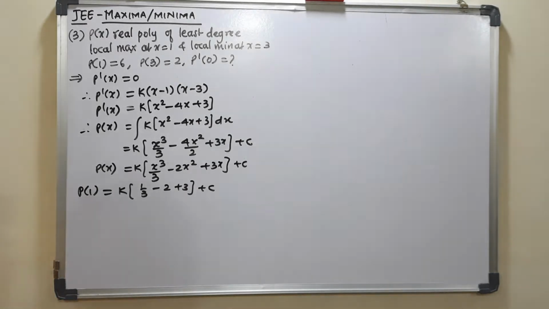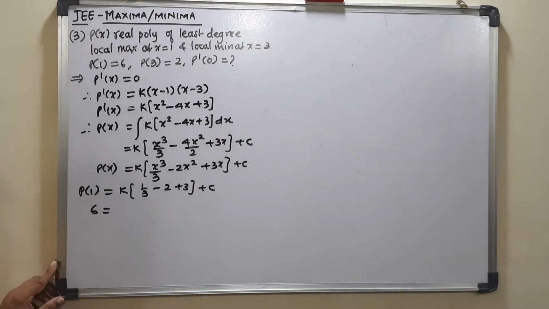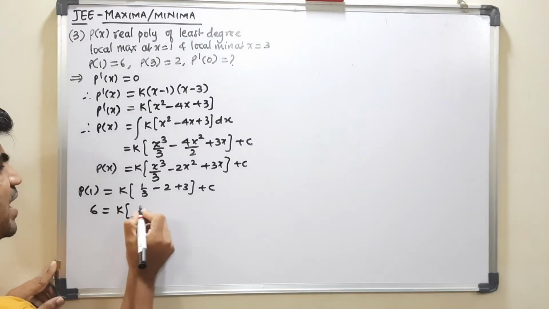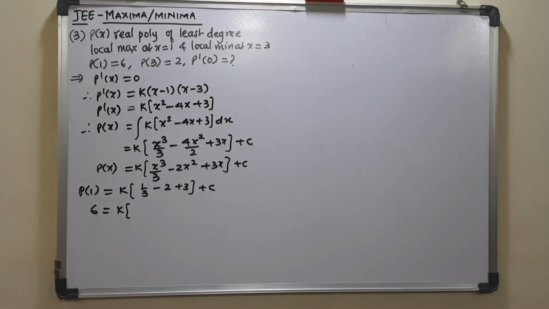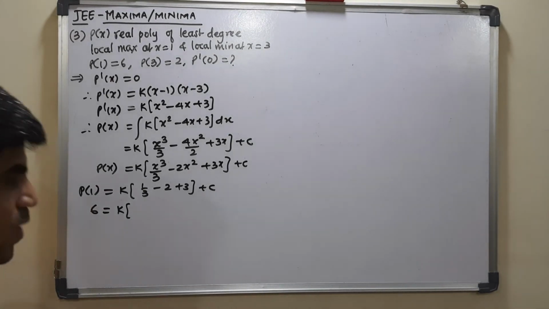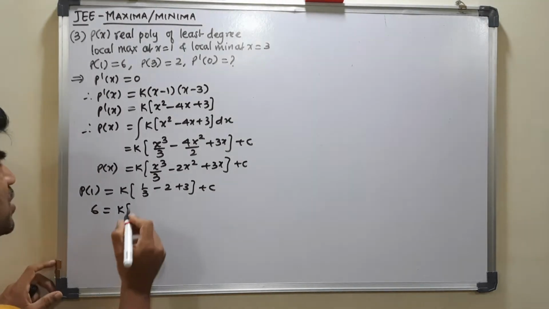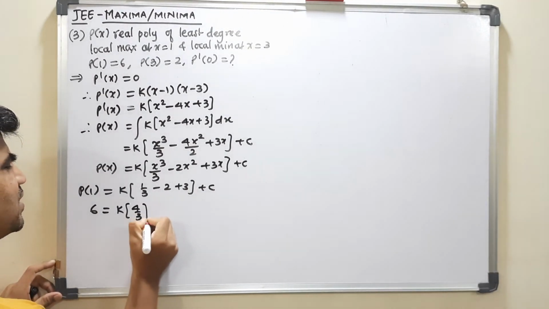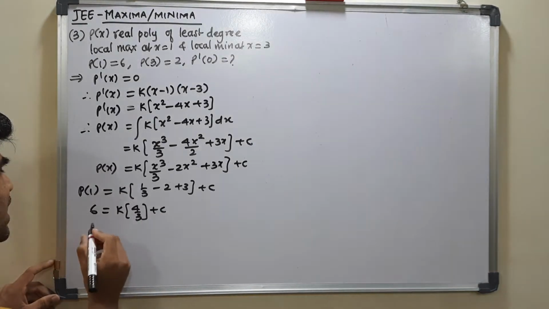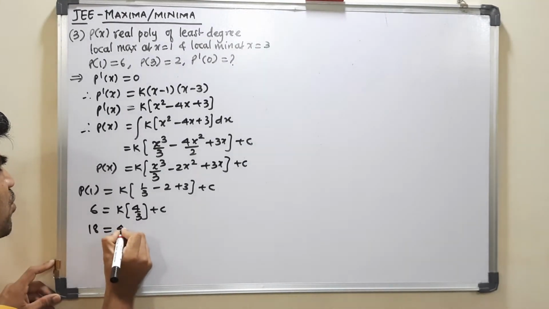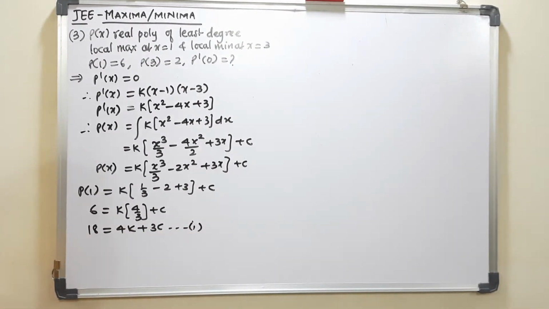And this value is already known as how much? 6. So 6 is equal to k into 1 by 3 minus 2 plus 3, that is 1 by 3 plus 1, which is 4 by 3, plus c, which turns out to be 18 is equal to 4k plus 3c. Let this be the first one.